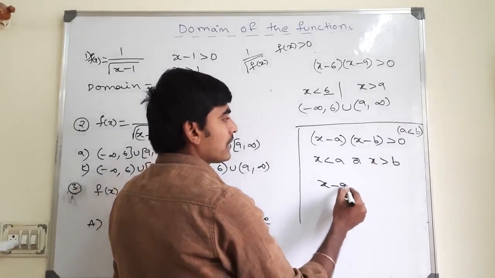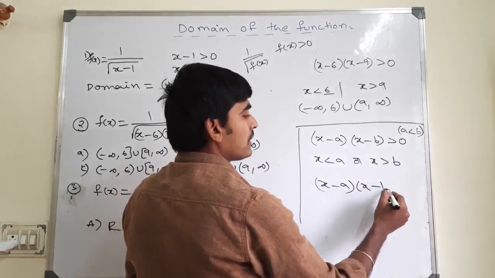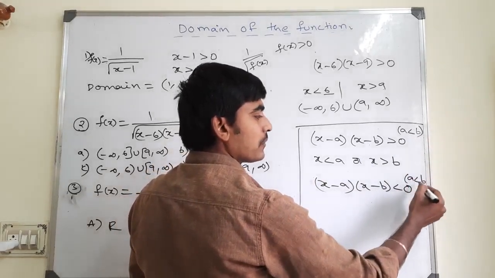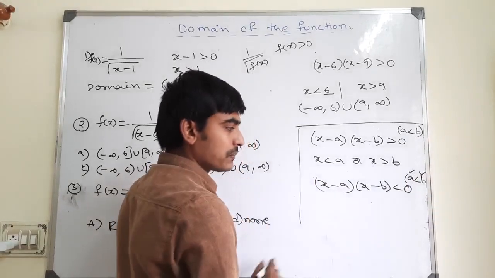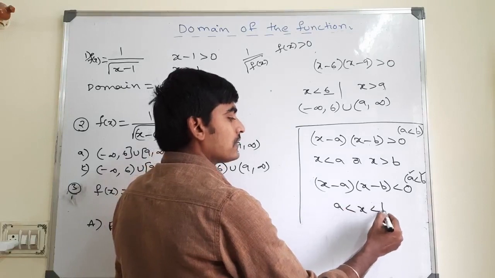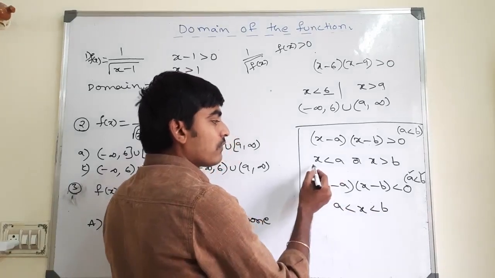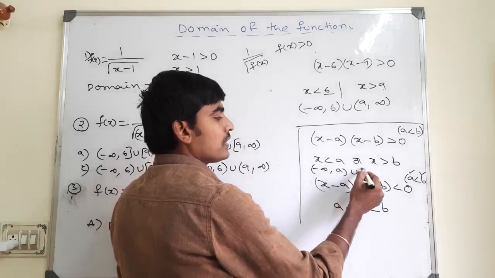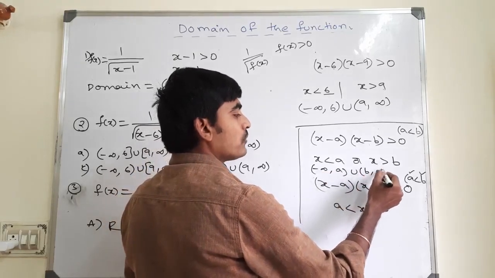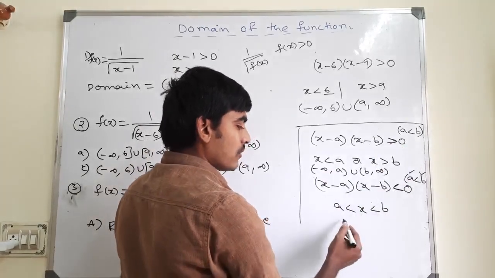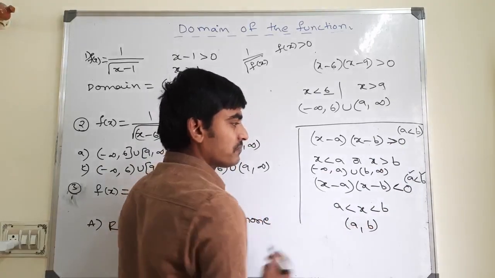X minus a and x minus b is less than 0. Same condition, a less than b, comparing to a, b value is bigger. Then I can write it as a less than x less than b. That means interval-wise, this is minus infinity up to a, union, and this is b up to infinity, because it is just greater. This is just lesser, so interval means a comma b.